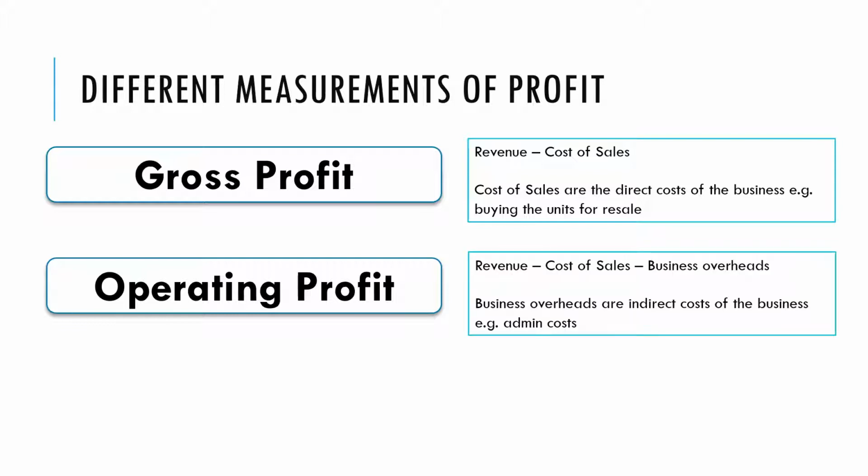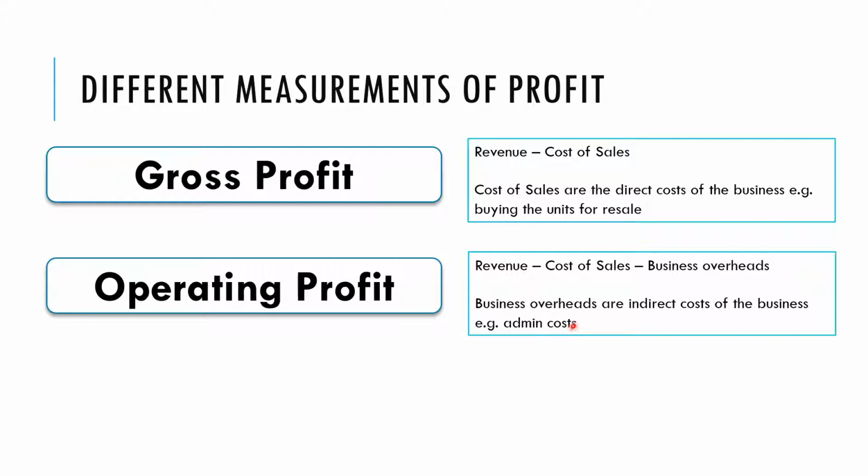And operating profit looks at the profit the business is generating as a whole, as an operating business. So we have revenue, we subtract the costs of sales, but we also subtract what are known as business overheads. The other costs of the business that aren't direct, they're not necessarily involved with what the business directly does, but they are also costs of the business. So things like administration costs.